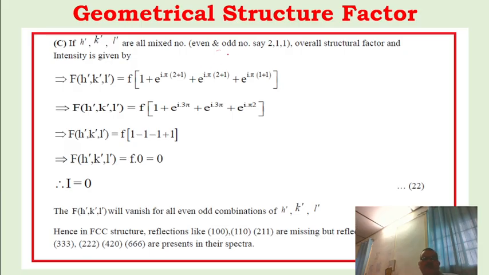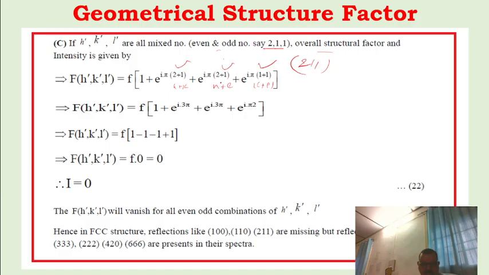And finally, if h, k, l are mixed, then the overall structure will be like this. If you have a plane like this, then this becomes 2 plus 1, 2 plus 1, because this is h plus k, this is h plus l, this is k plus l.